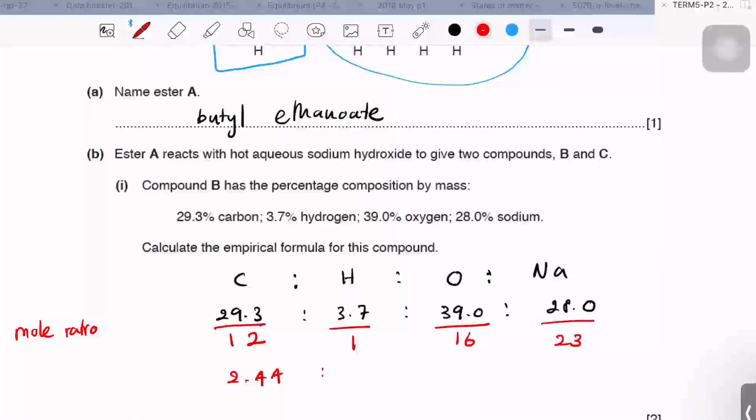Then 3.7 divided by 1 is 3.7. 39.0 divided by 16 is 2.437, so that's also roughly 2.44. Then 28 divided by 23 is 1.22. Now we take the smallest number out of these numbers. Smallest number is 1.22, so we divide each by 1.22.